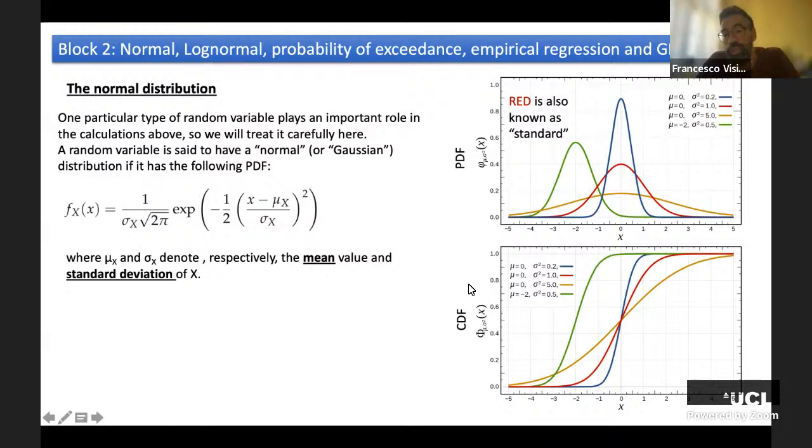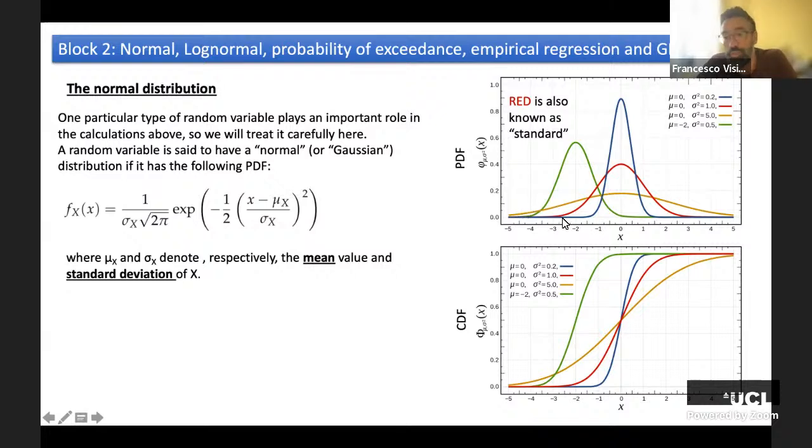Again, if we look at the cumulative distribution function, we can see that the blue, the red, the yellow, and the brown curves share the same mean. The peak is important because it divides this distribution into symmetrical parts.